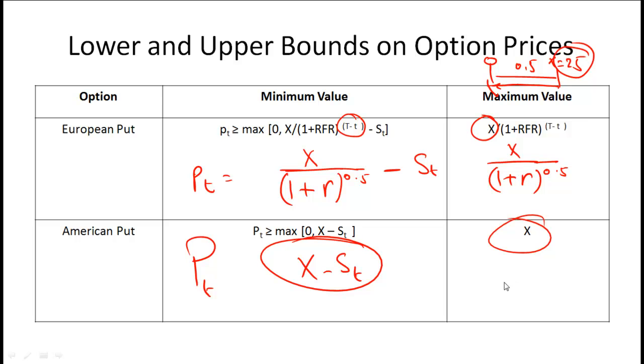Because even if before maturity the stock price goes down to 0, you can then exercise the put option, and the money that you will get will be equal to the strike price.